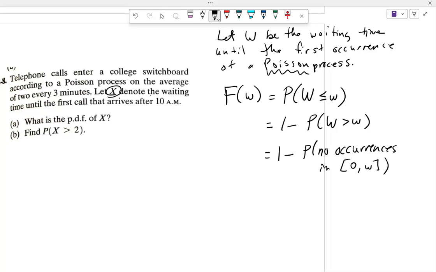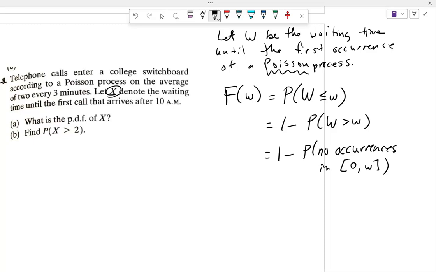A Poisson process, right? Now remember, for Poisson processes, I can scale. We've done the scaling bit, haven't we? We can scale it by length of interval. So instead of being a unit interval here, I have an interval from 0 to W. So I can scale my Poisson process, all right?